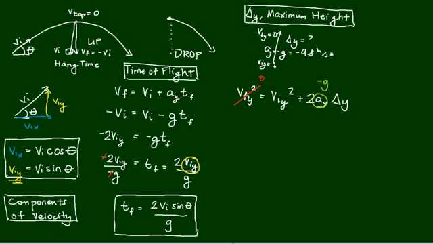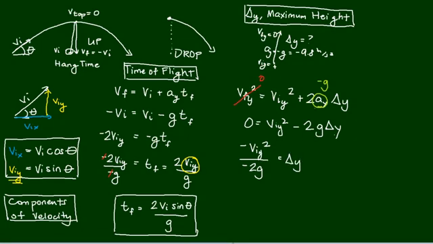Okay, so if we rearrange this, we could get 0 is equal to VIy squared minus, because there's a negative sign, 2g delta y. Okay, so we can rearrange this, put everything to one side except delta y. We get negative VIy squared all over negative 2g. That's equal to delta y.